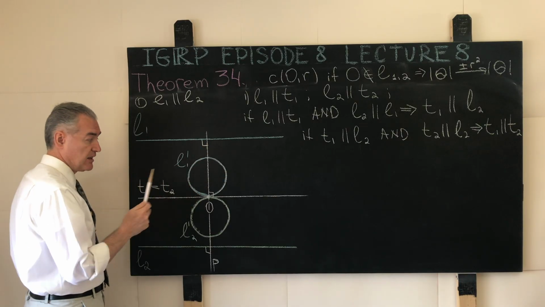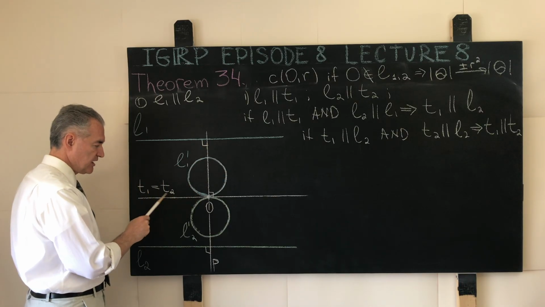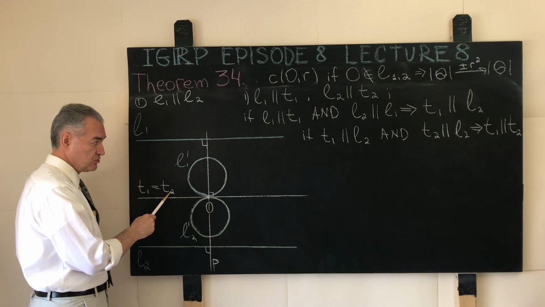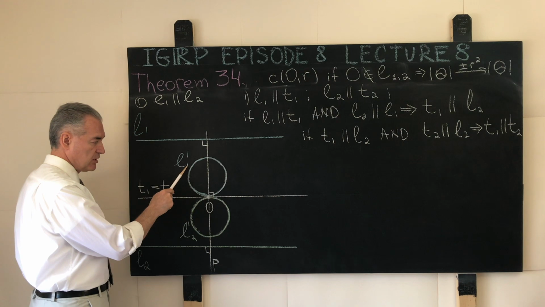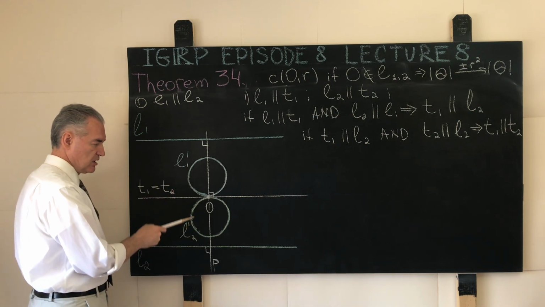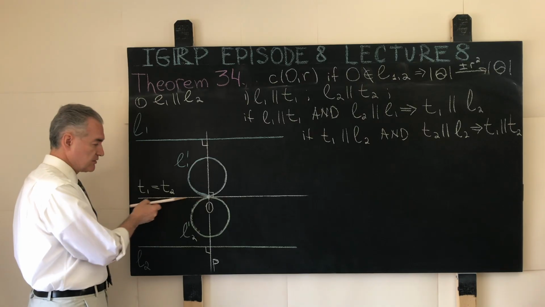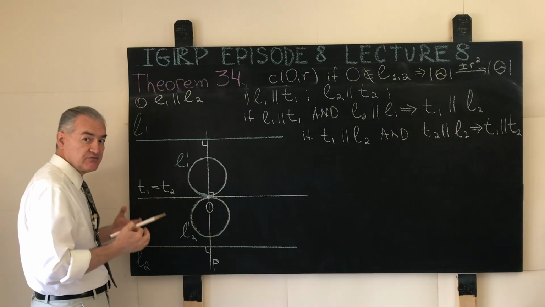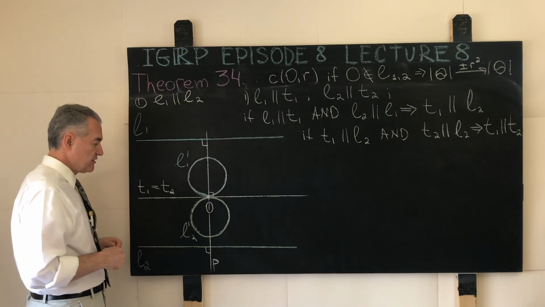Only one. And that precisely means that in this case, the tangents T1 and T2, the tangent to the image circle L prime 1 and the tangent to the image circle L prime 2, is what? It is one and the same.